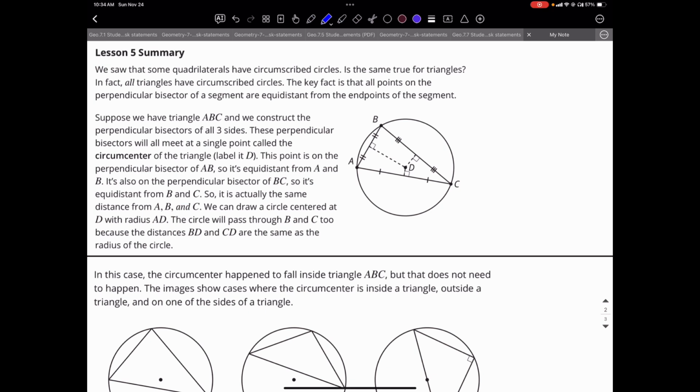We can draw a circle centered at D with the radius of AD, and the circle will pass through B and C also, because the distances BD and CD are the same as the radius of the circle, right?